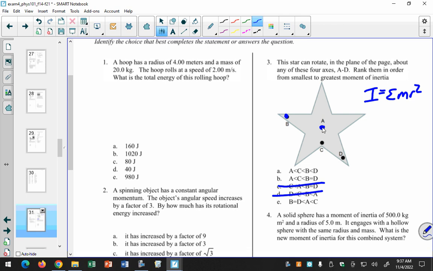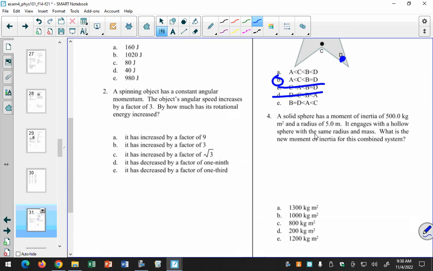The biggest is, well, this says D, but notice that points B and D are the same. Symmetrically, they're the same. And so that gives me the answer that A is less than C is less than B is equal to D. So looking for those things that look equal or looking for the biggest or smallest moments of inertia, that's really how you approach these ranking questions.